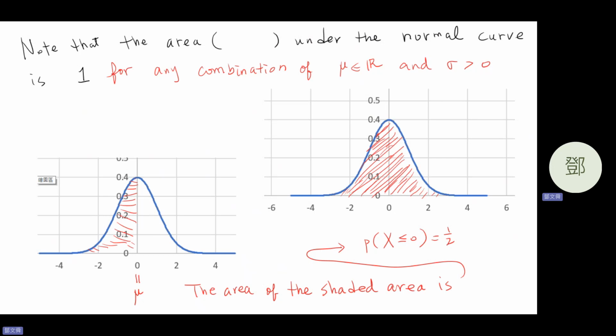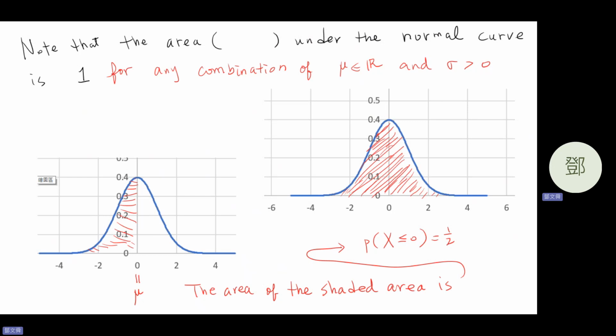Whatever the shape, it is always symmetric and bell-shaped. And whatever the shape, sharper or flatter, the area is always 1.